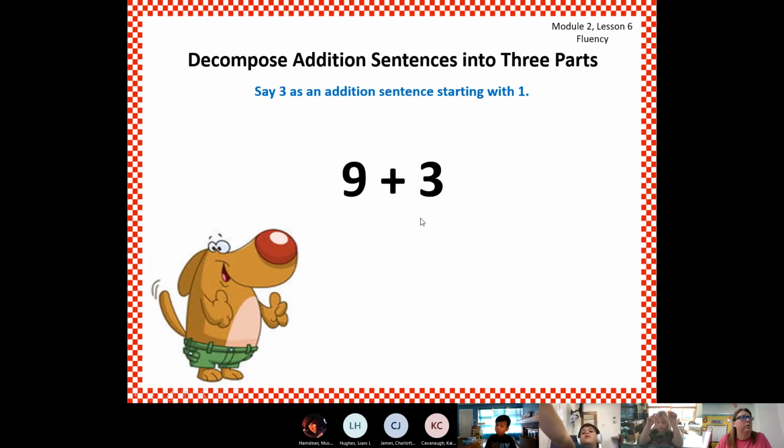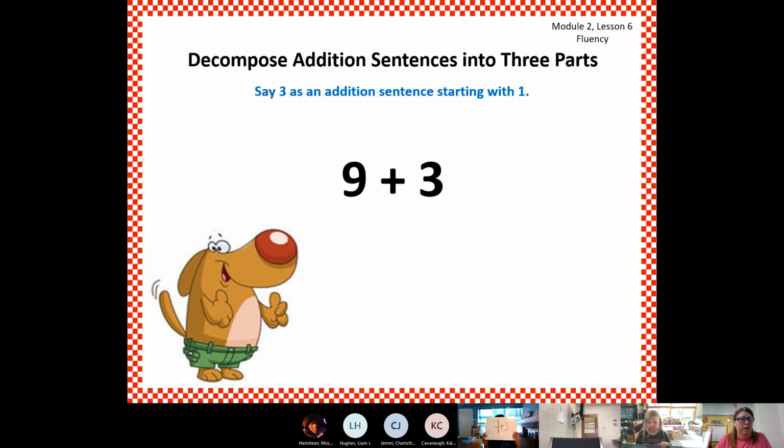So we are going to decompose this just like we have been doing. So I want you to write 9 plus on your board. All right. So we need to make a group of 10.